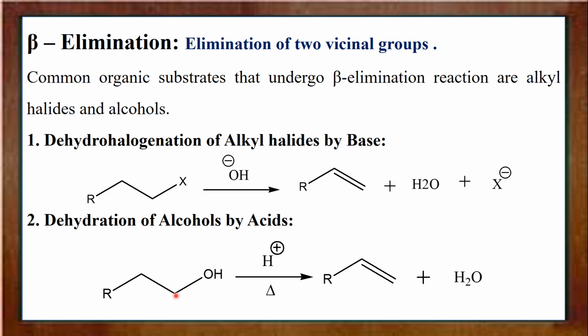The fate of a carbocation is either joining with an anion or undergoing deprotonation. So here, once the carbocation is formed on the alpha carbon, a proton is removed from the beta carbon. Deprotonation takes place, and that results in the formation of an alkene.